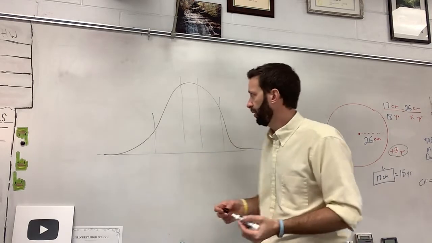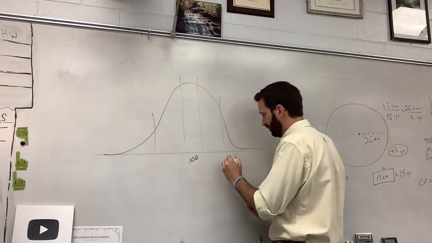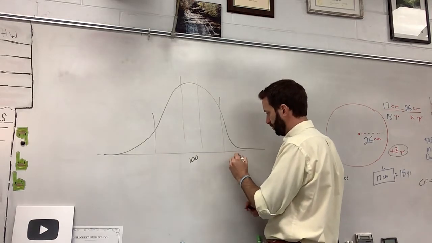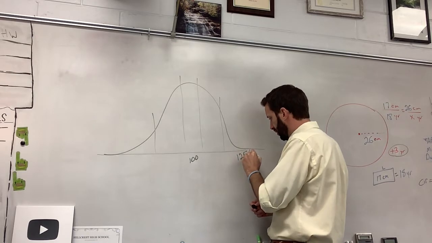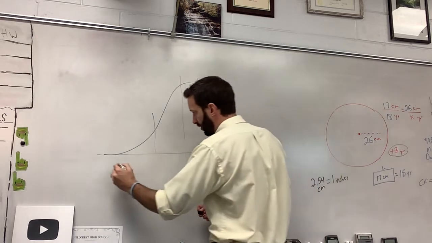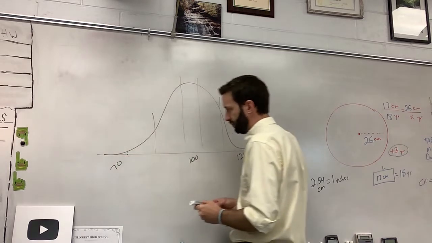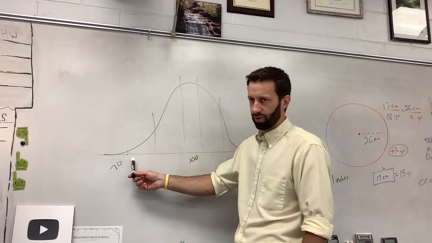For example, a lot of you guys were in GATE or gifted growing up, right? And so normally the average IQ is at like 100. And then you have to be close to 125, 130, I think, to get into GATE. And then you go down to the other end, you're talking about down at 70, where people have intellectual disabilities and issues.